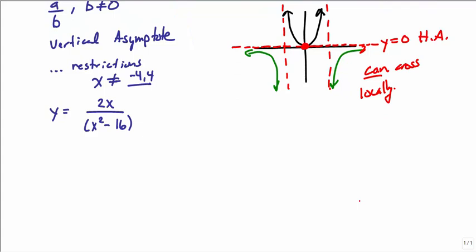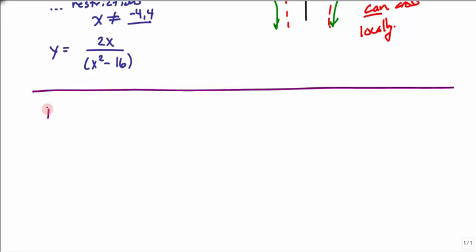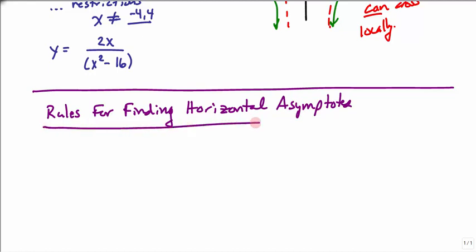Now we have some rules for finding horizontal asymptotes. The rules for finding horizontal asymptotes all have to do with the degree in the numerator and the degree in the denominator. We need to look at the highest powers. So this is the way these look.